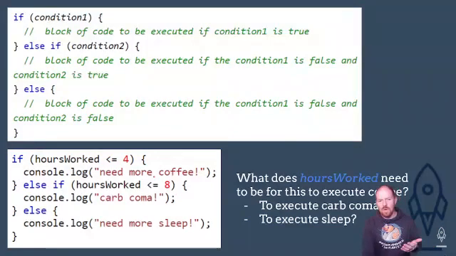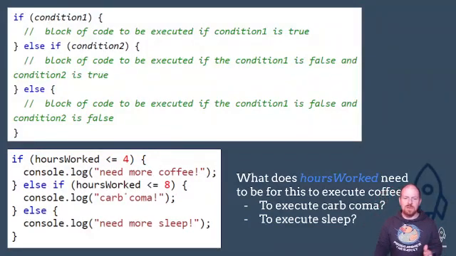So whenever we look at this, the reason we do this is the hours worked being 2. If I had hours worked being 2, right here, this would be true. So it'd need more coffee. If I did not have this else block, so let's say we did not have this else block, 2 would work here and 2 would work here.